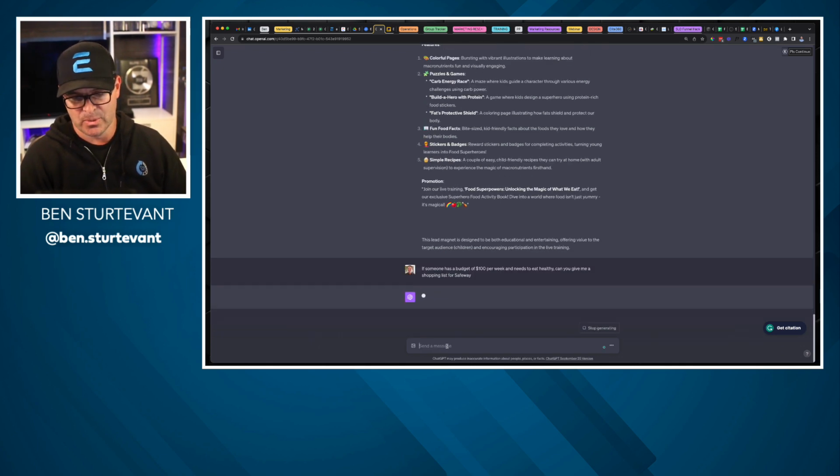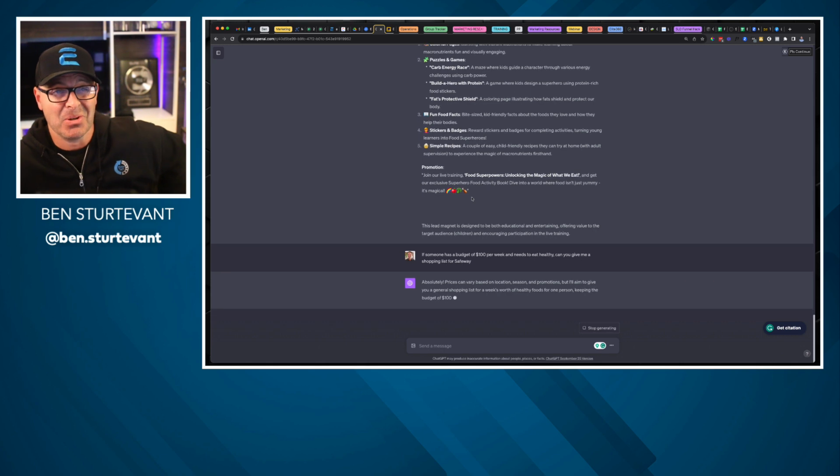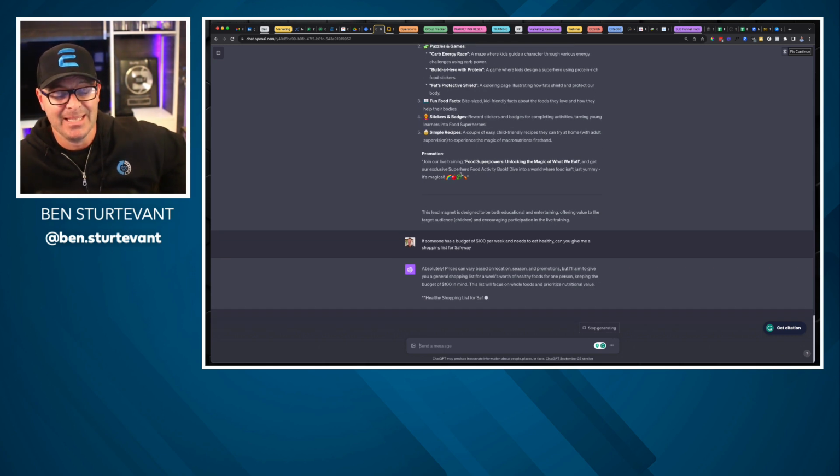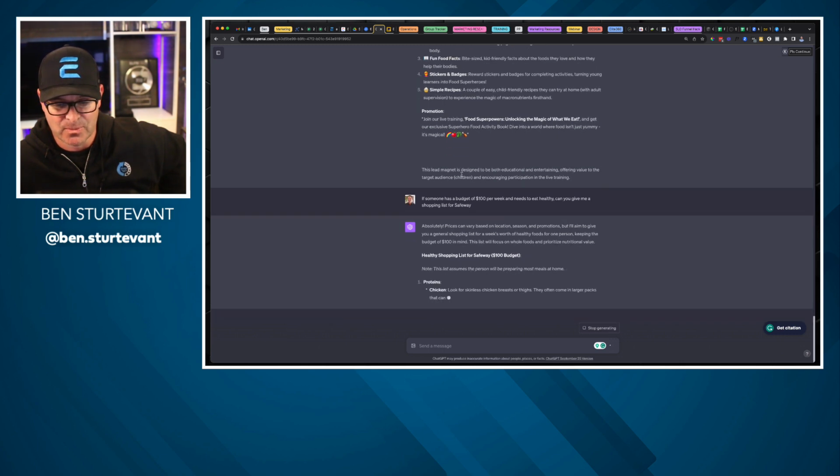Safeway is a grocery store that we have. You might have Kroger or whatever. But this is how crazy. Healthy shopping list for Safeway, $700 budget. Note, this list assumes the person will be preparing most of the meals at home. All right, and there you go.